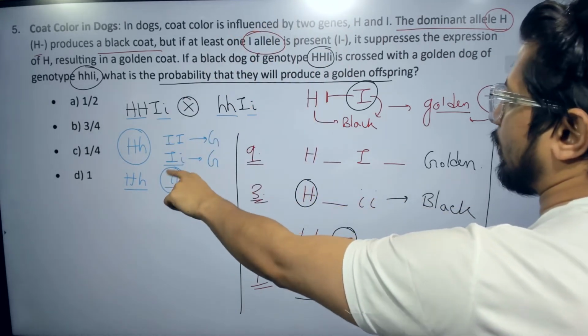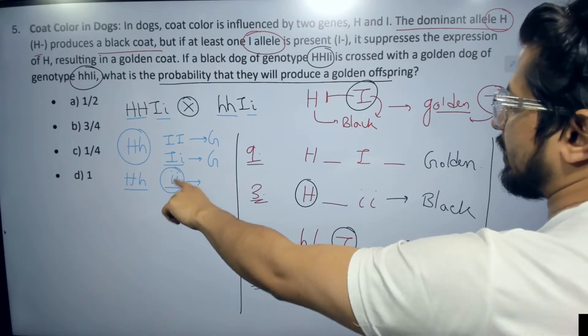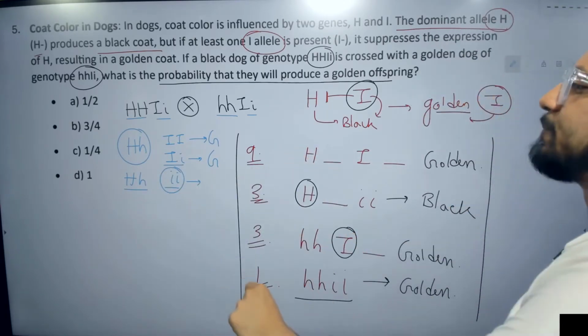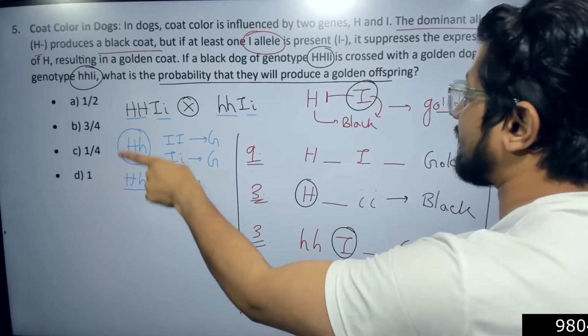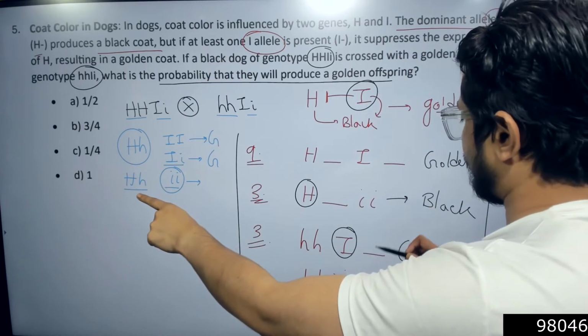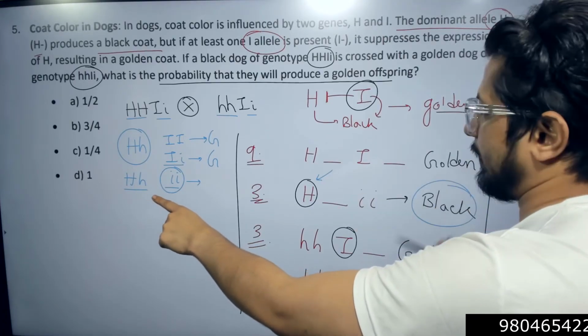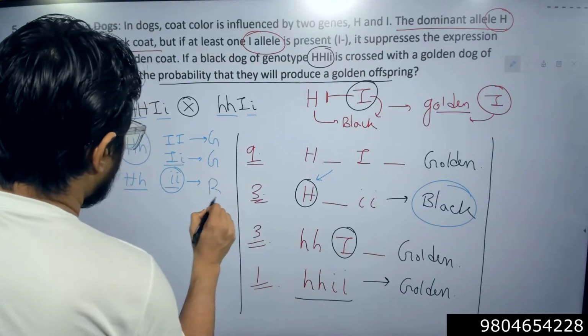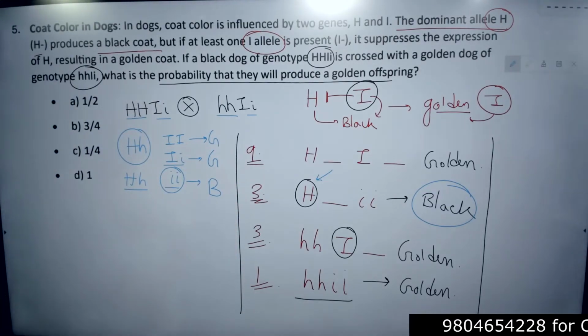This is the only occasion when there is no suppression, because capital I is absent and capital H is present. As capital I is absent, the color would be black only. Apart from that, the rest of the color will be golden.